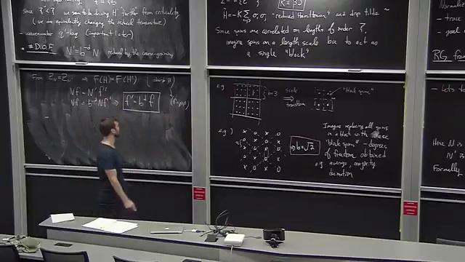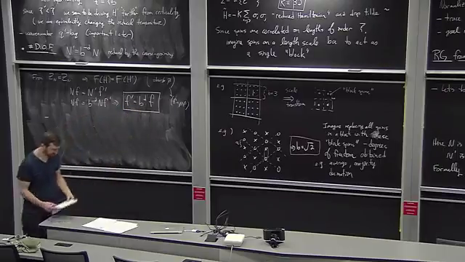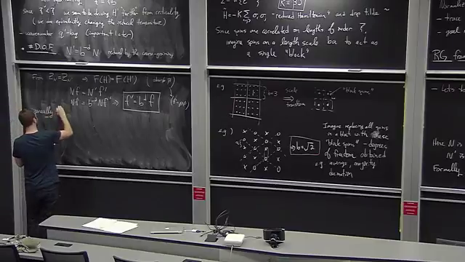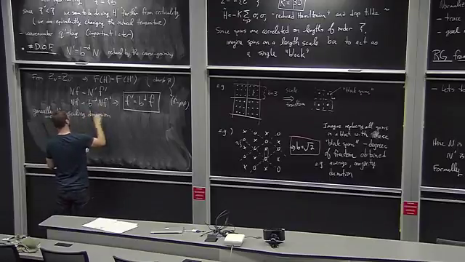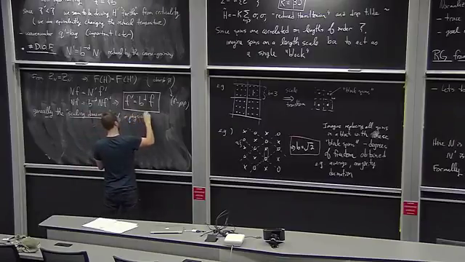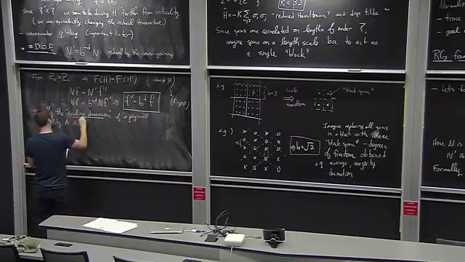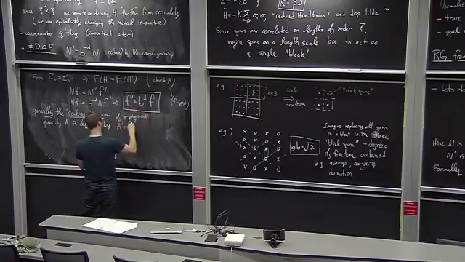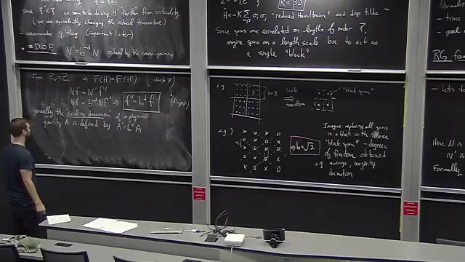That defines the coarse graining, sorry. And the exponent of that is called the scaling dimension. So the scaling dimension is x.